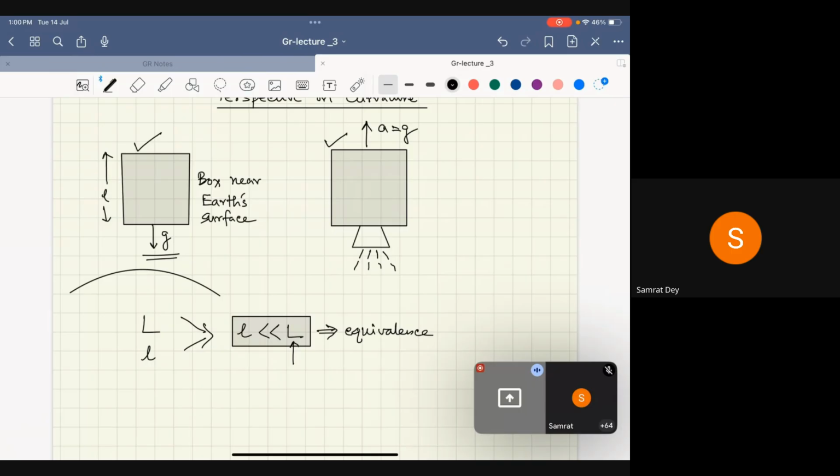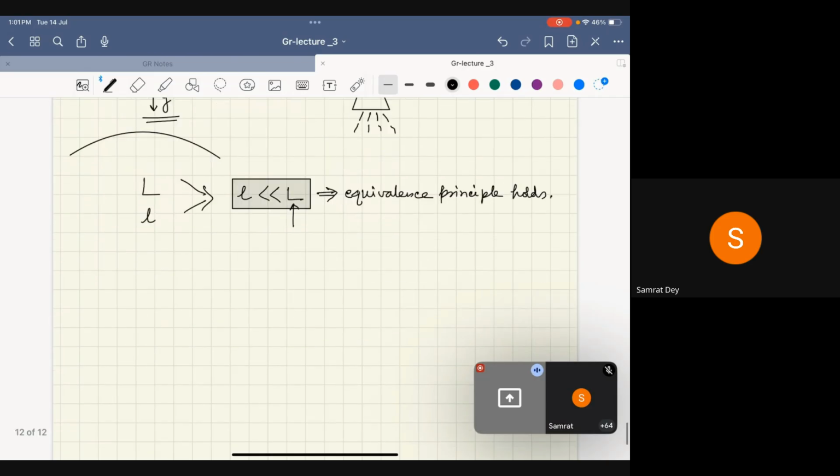That means you cannot distinguish real gravity from acceleration. The genuine gravitational effects cannot be revealed in a region of size small l.